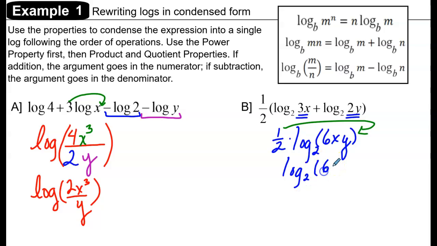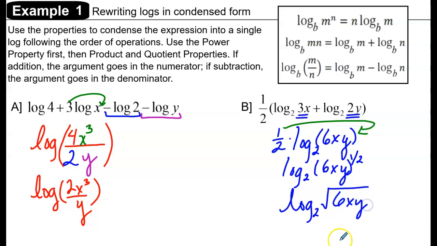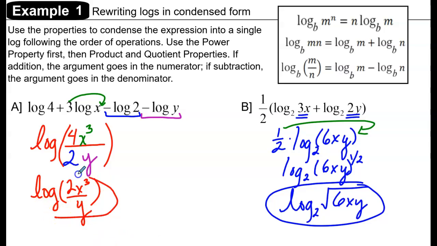So rather than writing this as 6xy to the 1/2 power, we're going to write the simplified form as the log base 2 of the square root of the quantity 6xy, because a 1/2 power is a square root. And that would be our condensed simplified forms for A and B.